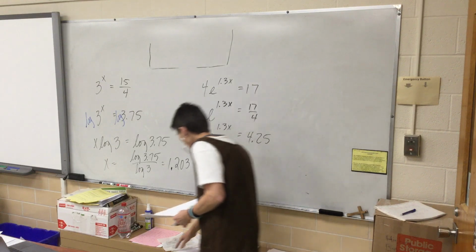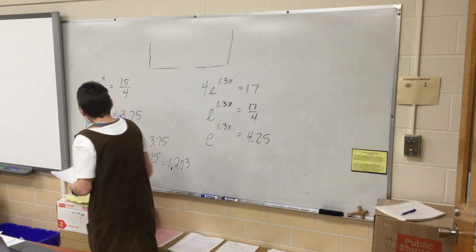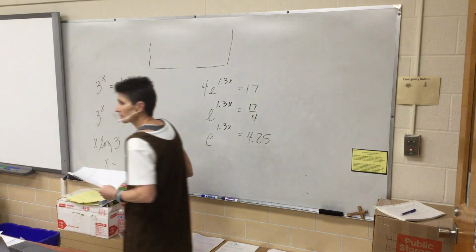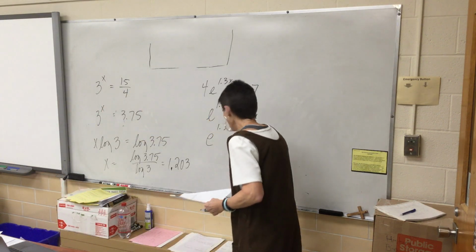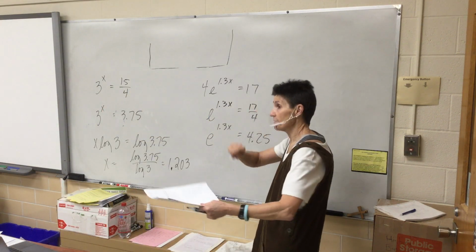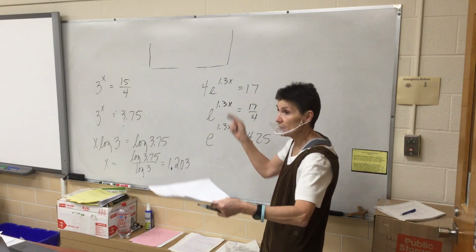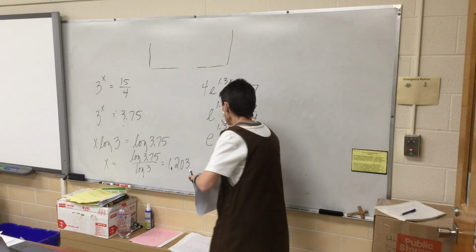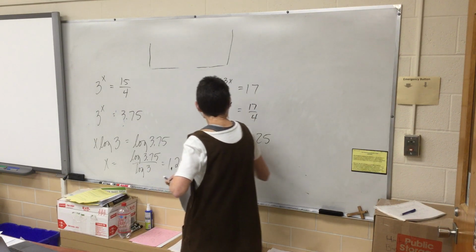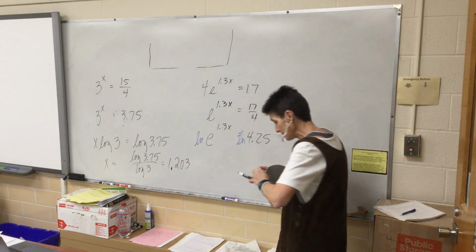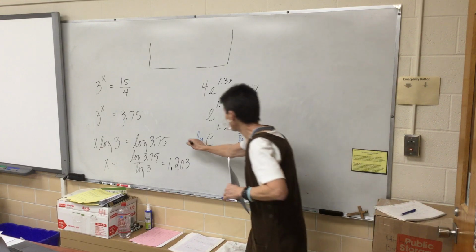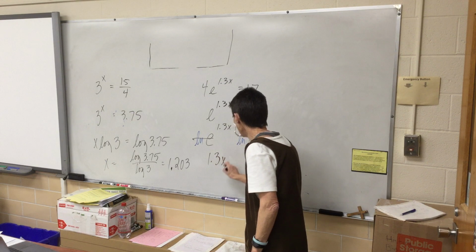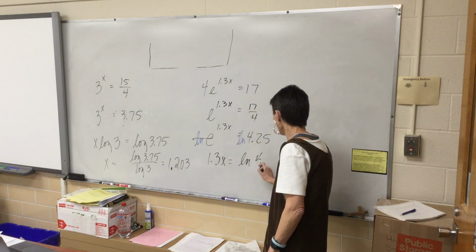Now, doesn't that look a lot like what we had over here? So I'm going to log both sides, but instead of log, I will use ln because it has an e. And it's easier because that will cancel. And I have 1.3x equal to ln 4.25.